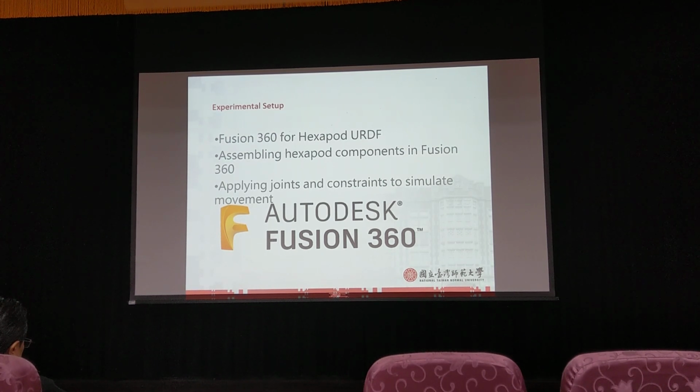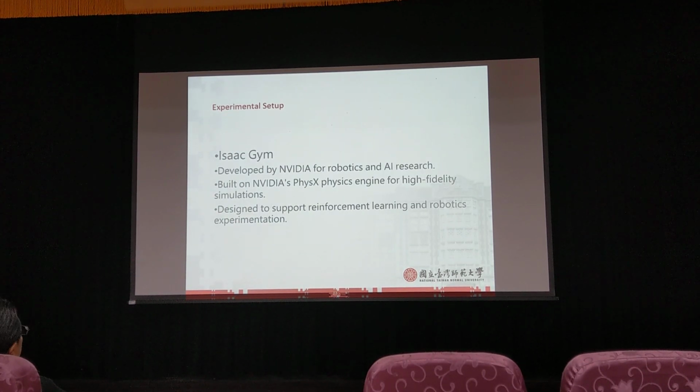And for the experimental setup, I use Isaac Gym for the training. Isaac Gym is developed by NVIDIA for robotics and AI research, and the physics engine is for high fidelity simulation. It's designed to support reinforcement learning and robotics experimentation.